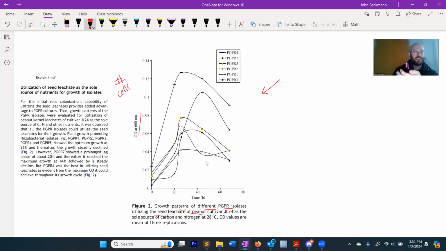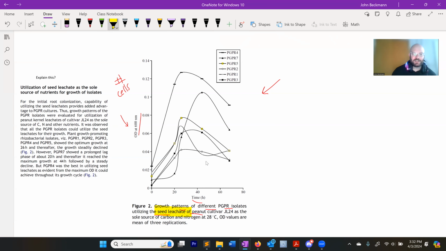Okay, so you're seeing a growth curve of number of cells, which they're measuring by OD. And the x-axis is time. They're doing this in a specific media, which they say includes seed leachate of peanut cultivar JL24, which is the peanut that they like.